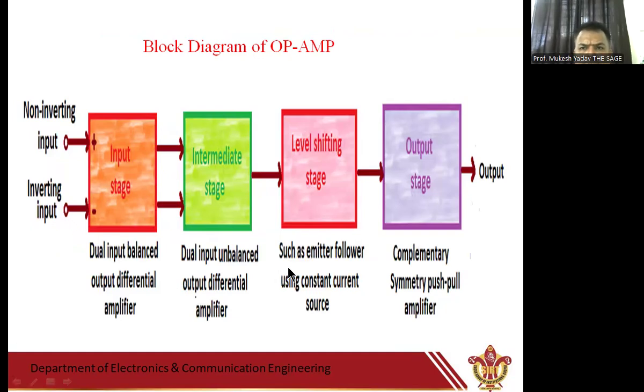This is the block diagram of the operational amplifier. There are four stages: input stage, intermediate stage, level shifting stage, and output stage.